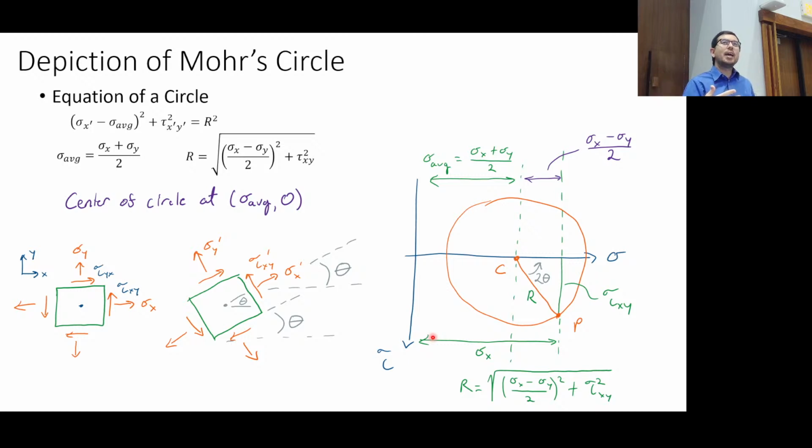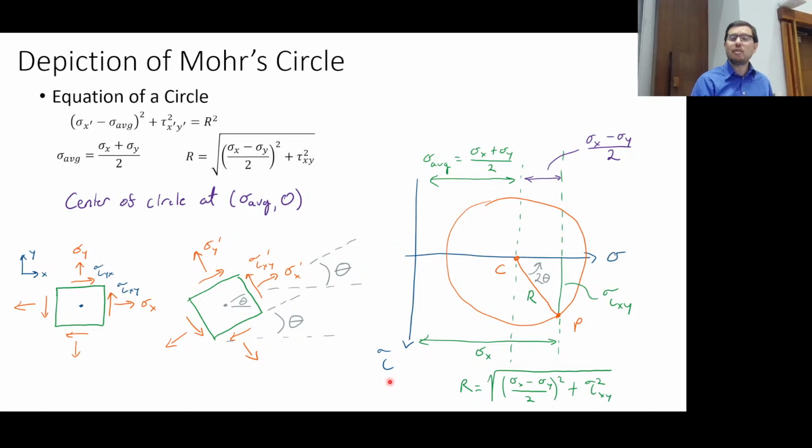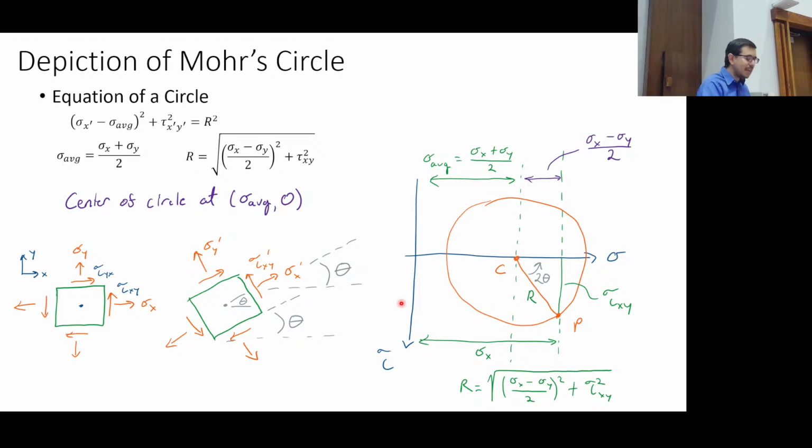The book that I used to teach design of mechanical components doesn't follow this convention. They put tau going up instead of tau going down. In the next slide, I think, we'll get into why it's nice to have tau going down.